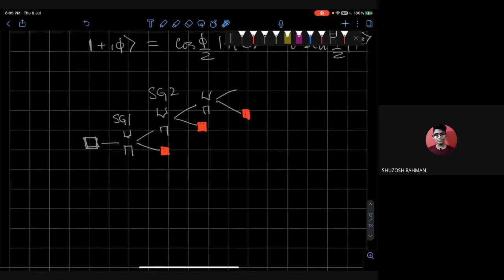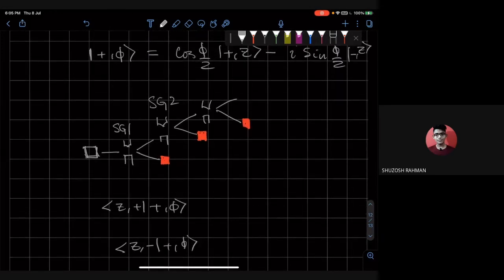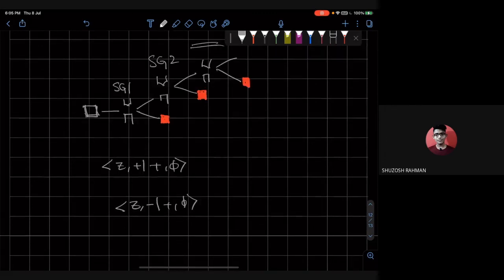So let's calculate this thing. So we are basically calculating these two coefficients, right? And these coefficients are cosine of phi by 2 and minus i sine of phi by 2.